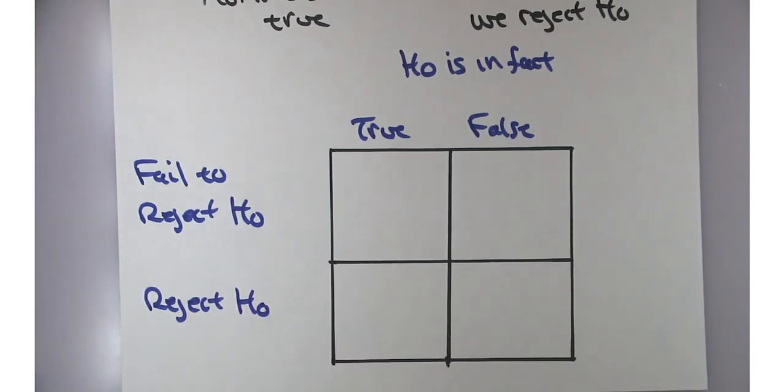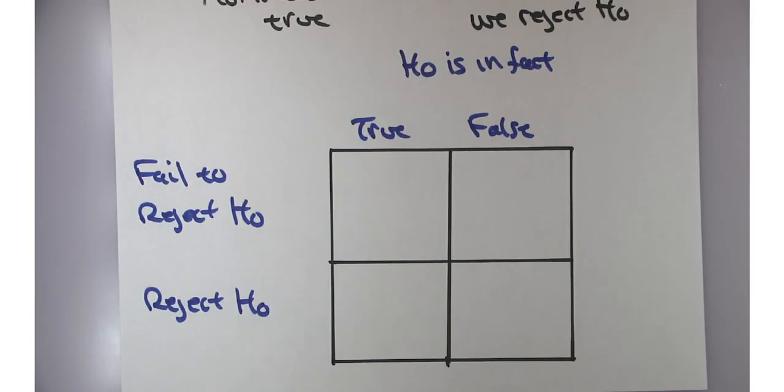And what I invite you to do now, or even if you're watching this later on video, is to pause things and decide, well, where are the correct decisions? Or maybe there's only one, maybe there's none. What do you think? What are the correct decisions in this setup? What would be a correct decision based on your combination of H naught is true or false and then our decision?